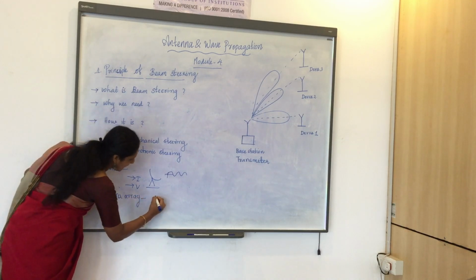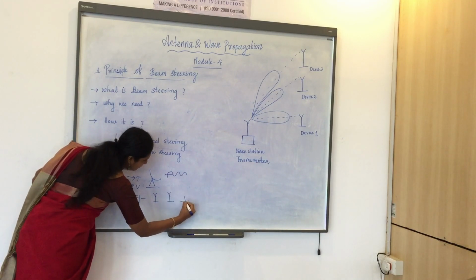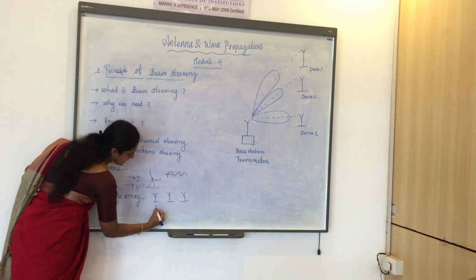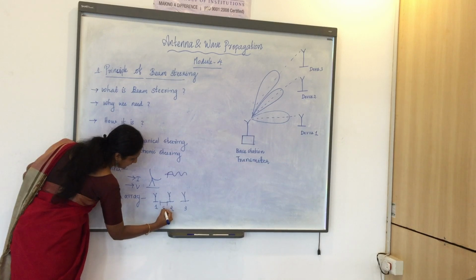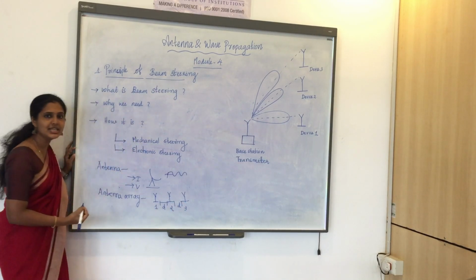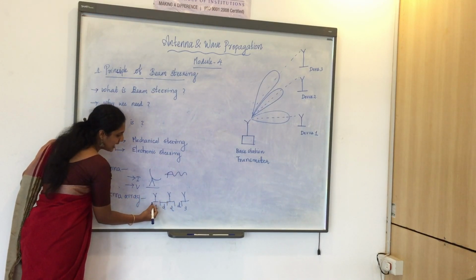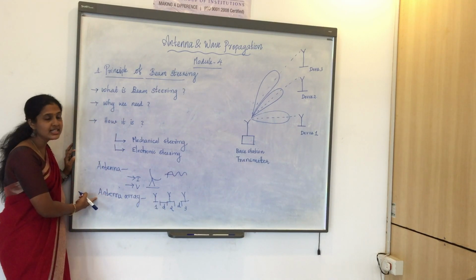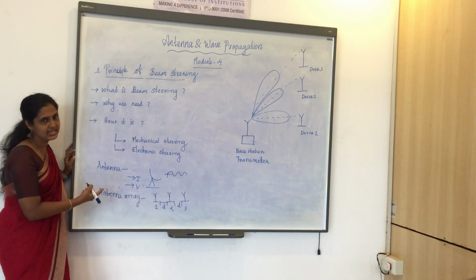There are many antenna elements placed in an array, equally spaced, that is, the distance between the antenna elements is equal. Similar antennas at equal distances give us an antenna array. Thus, we can increase the radiation pattern of the antenna.